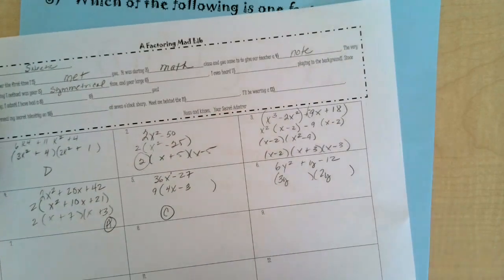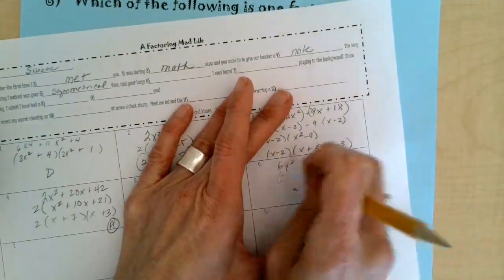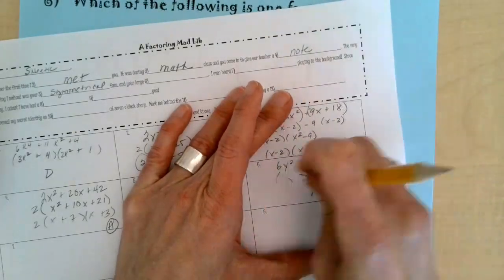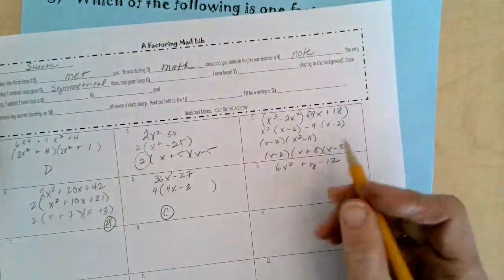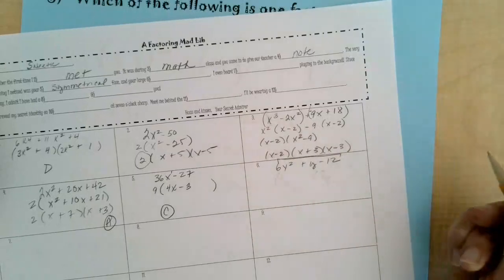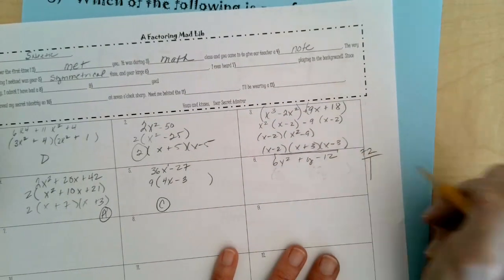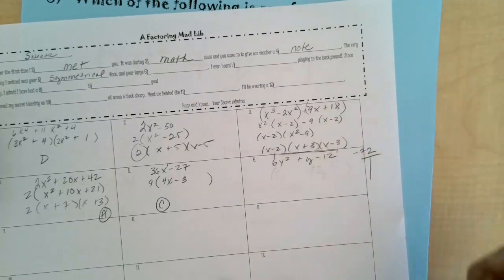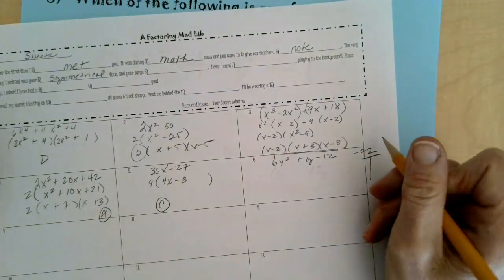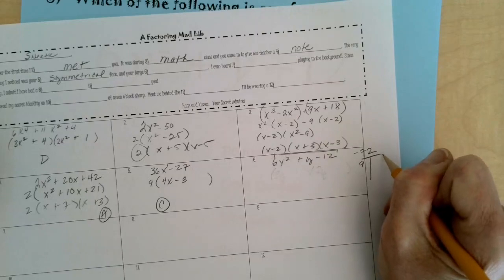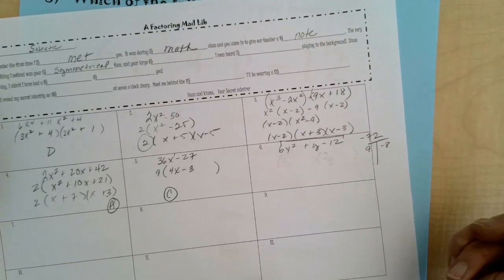So it looks like I'm going to have to do magic number. It's not coming into my head. I always give it a chance to do guess and check first, and if it comes into my head, awesome. And if it doesn't, then I just go to magic number. I've got negative 72 and a sum of 1. That sounds like positive 9 and negative 8.